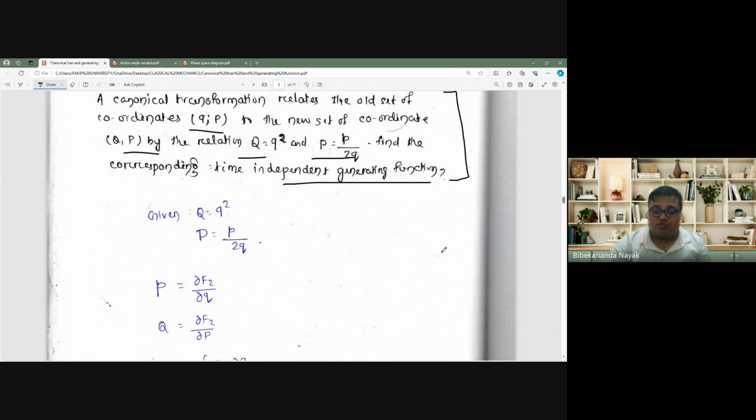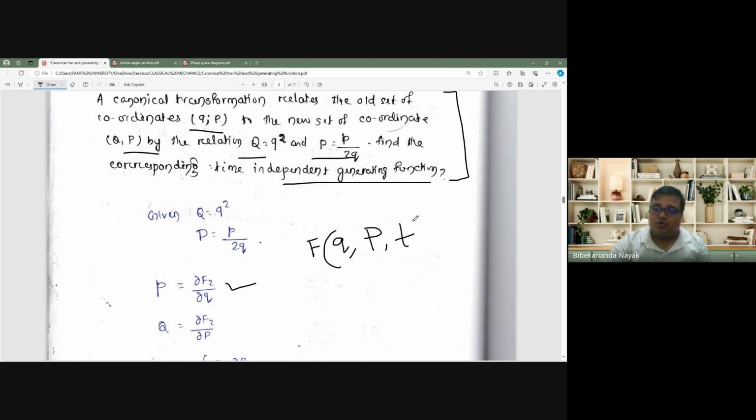Here we said small p is equal to del f2 by del q. Why do we choose this? Because these are unknown for f2. F2 is a function of small q and capital P, and in most cases when no direct function is given, we follow this formula.